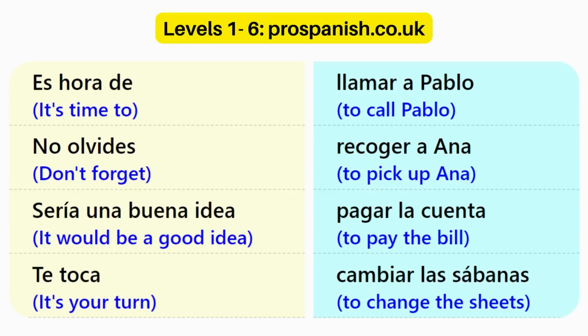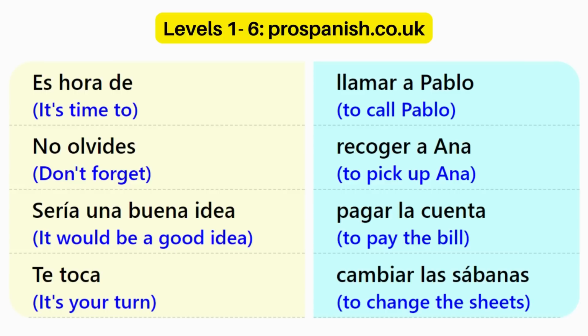How about if we were going to say, let's go back to pagar la cuenta, to pay the bill. How about if we were going to pay Pablo? How would you say to pay Pablo? Pagar a Pablo.